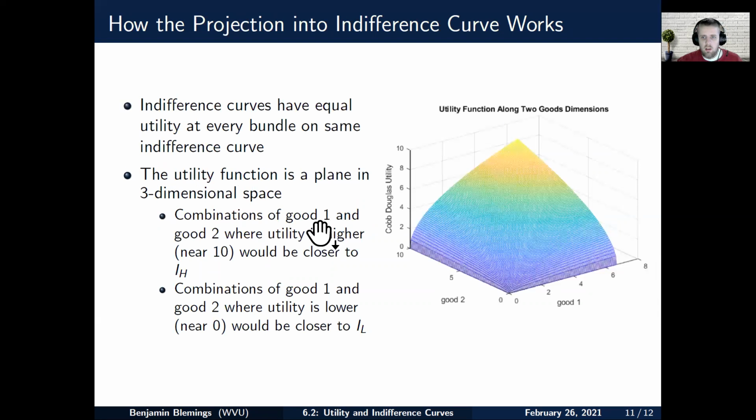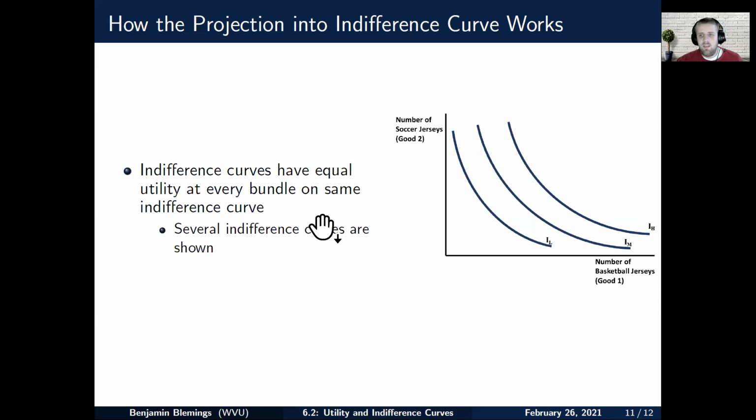Okay. And so notice that I mentioned we have soccer jerseys and basketball jerseys, and we're modeling utility. In the earlier utility function of Skittles that I showed you, we were only modeling two variables. Well, now we have three variables. We have number of basketball jerseys, number of soccer jerseys, and total utility.